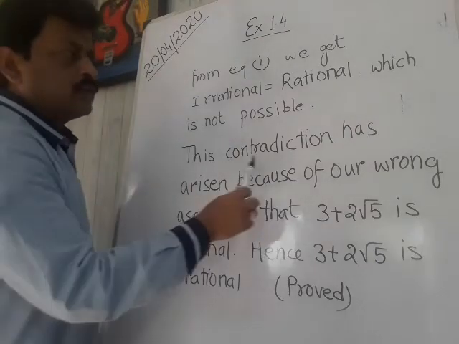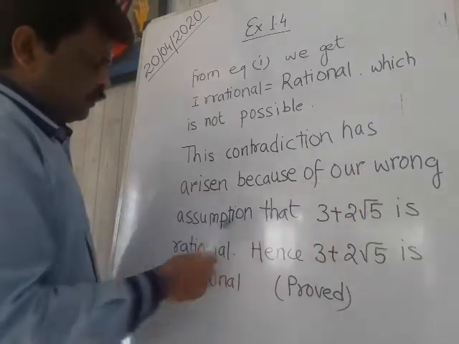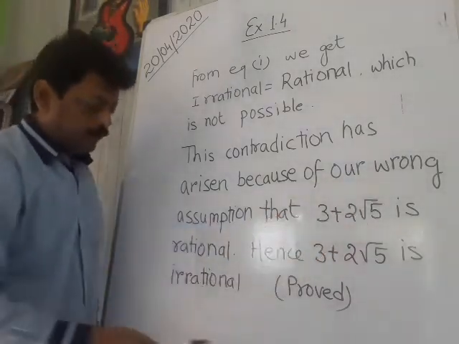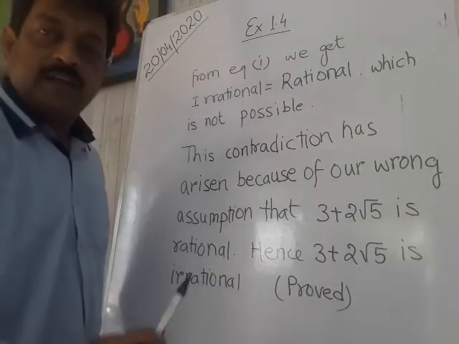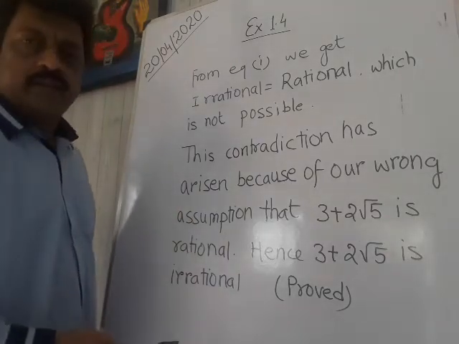Therefore, this contradiction has arisen because of our wrong assumption that 3 plus 2 root 5 is rational. Hence, 3 plus 2 root 5 is irrational. This is known as the contradiction method.